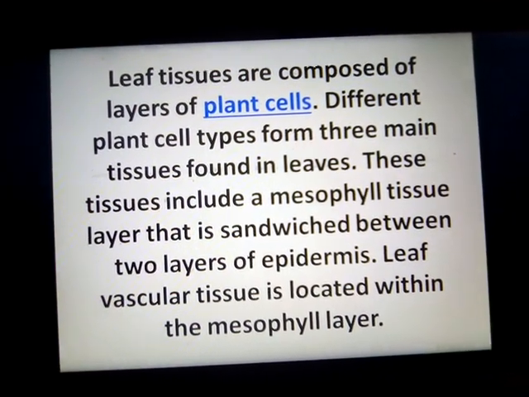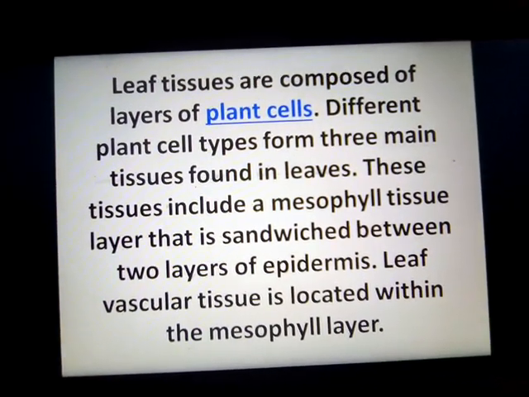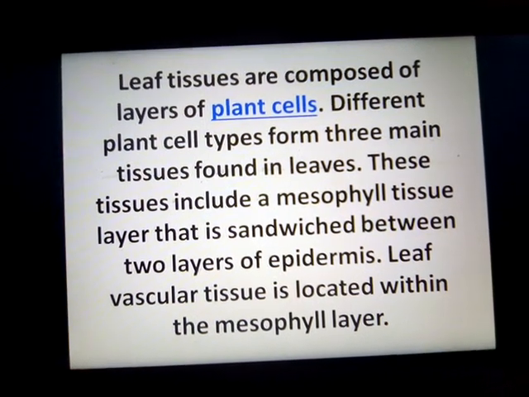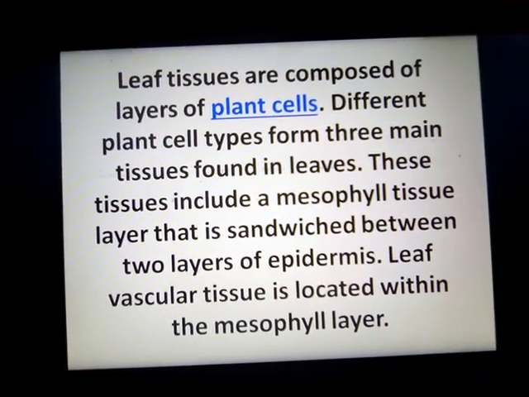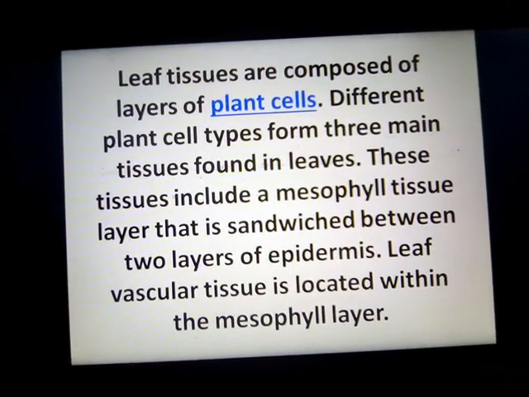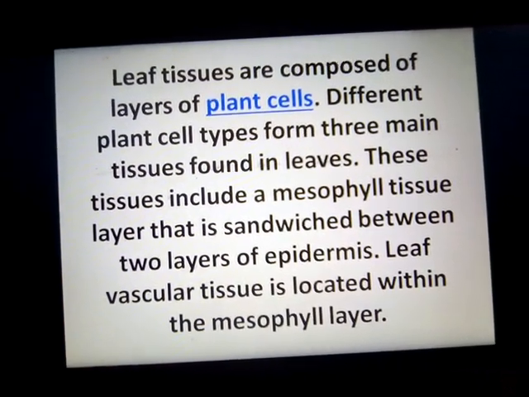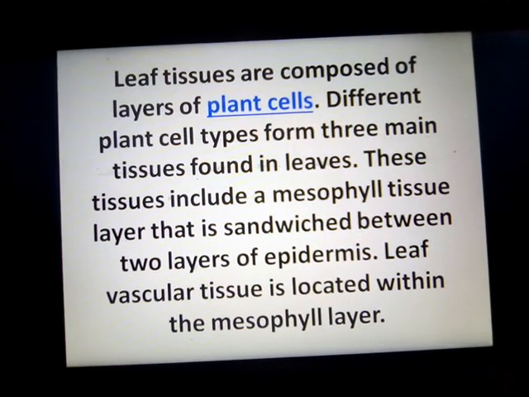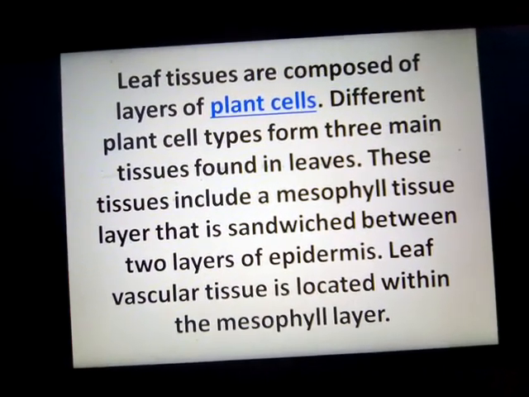These tissues include a mesophyll tissue layer that is sandwiched between two layers of epidermis. Leaf vascular tissue is located within the mesophyll layer.